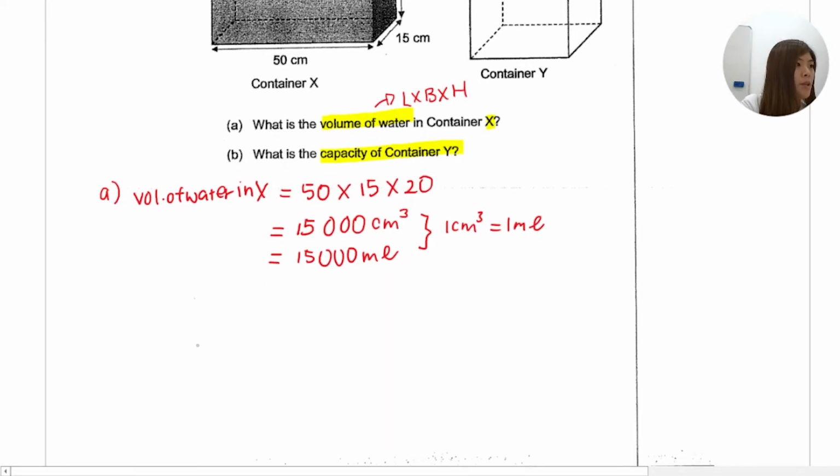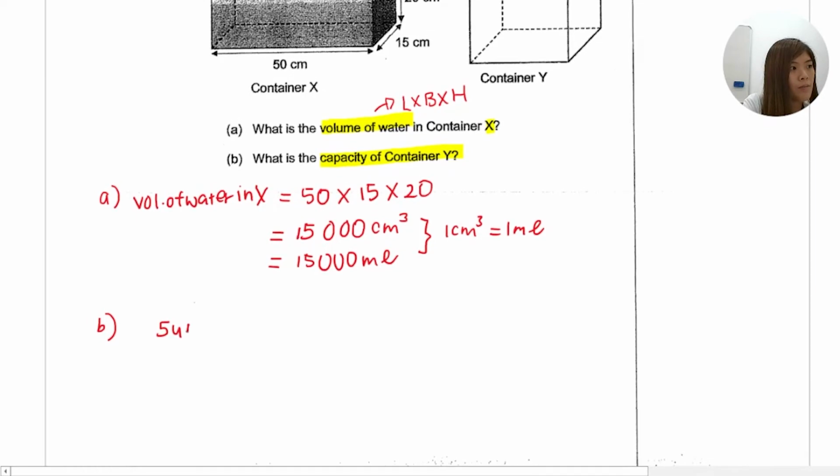Okay, so for part B, 5/6 means 5 units is equal to the amount of water poured from X to Y, which is 15,000 ml.